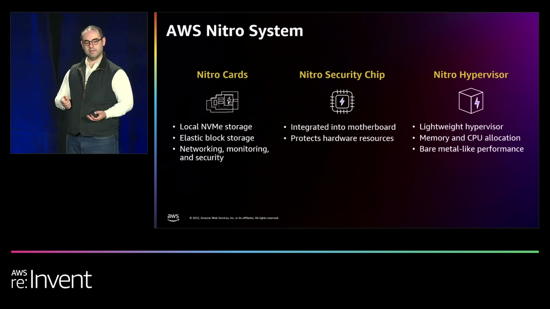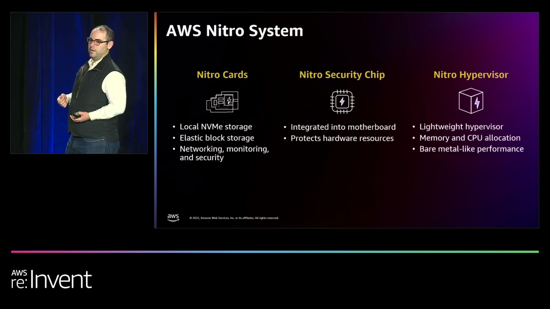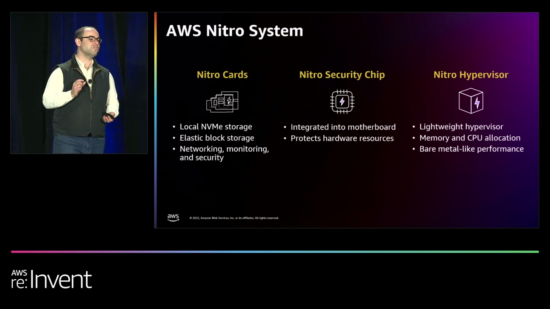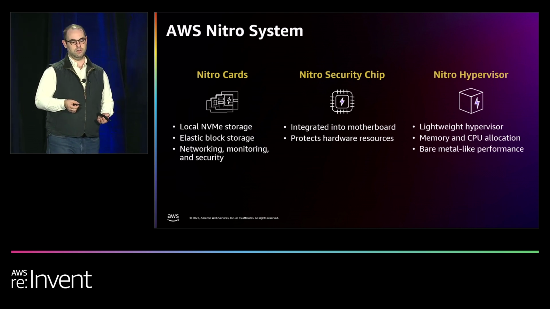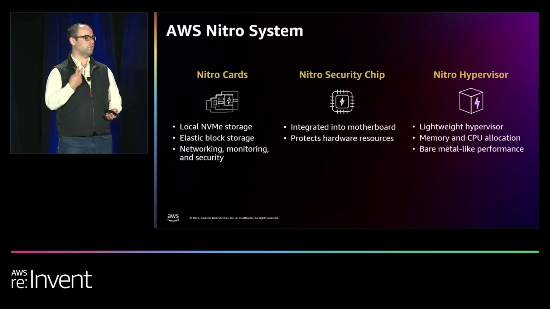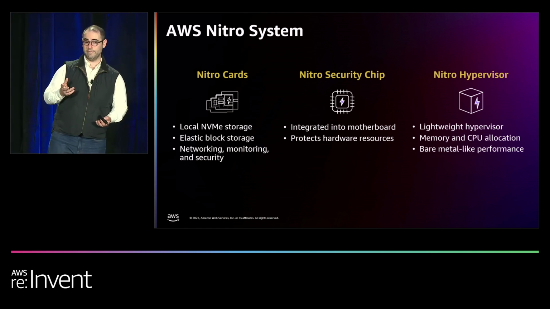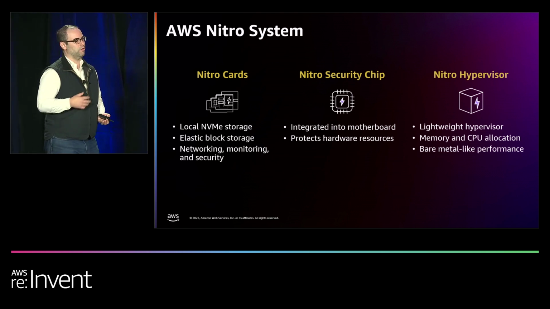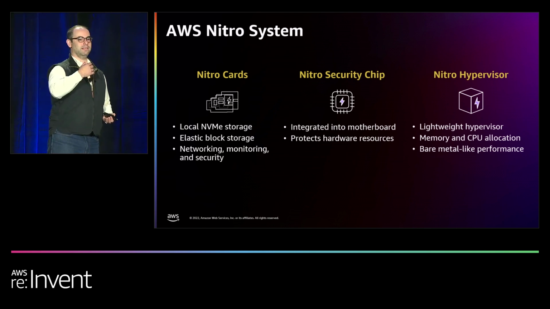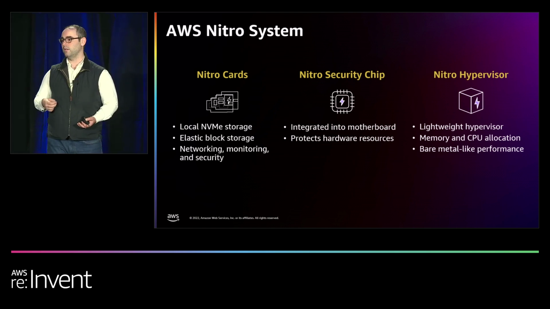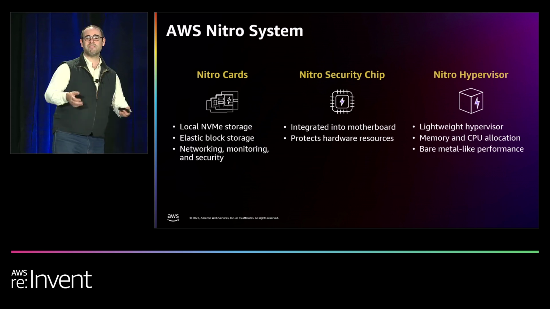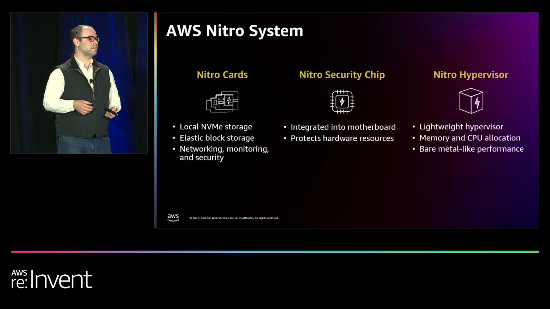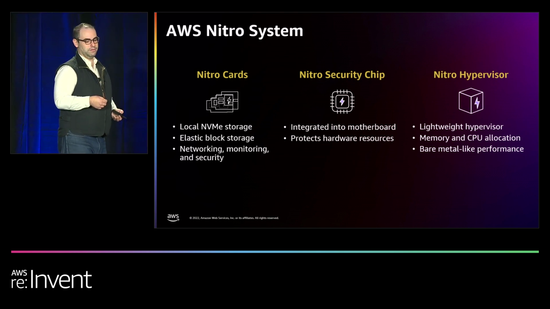The second component is the Nitro security chip. This is the physical special purpose piece of hardware that is integrated into our system mainboards and provides two critical functions. One is that it is able to prohibit any software running on the main system board from writing to non-volatile storage. Right? That means things like flashing firmware on one of our instances isn't possible unless it's been validated and approved.